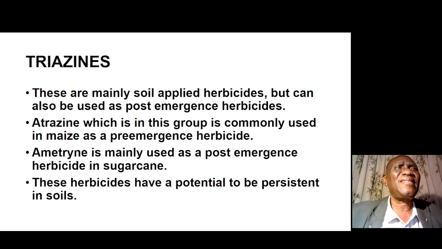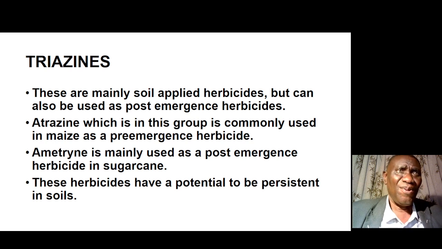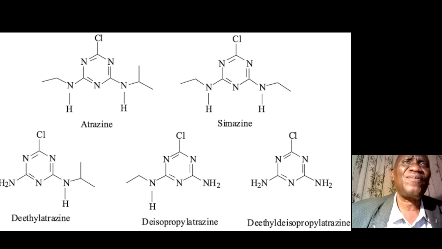Atrazine, which is in this group, is commonly used in maize as a pre-emergence herbicide. Ametryn is mainly used as post-emergence herbicide in sugarcane. These herbicides have a potential to be persistent in soils. Anyway, these are some of the examples of triazines.